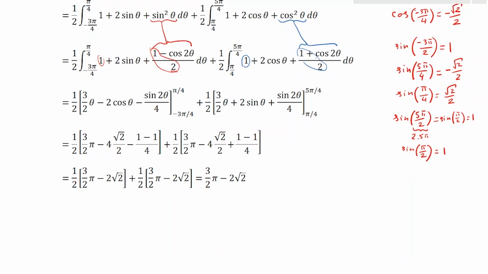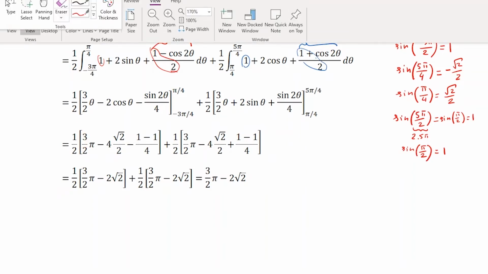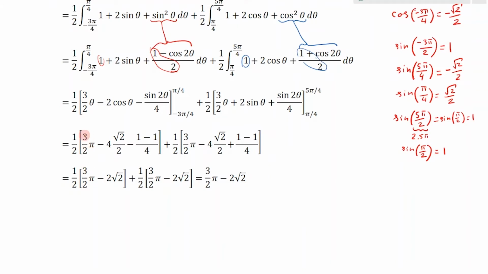Okay, now this becomes 2 root 2. This guy cancels, because 1 minus 1 is 0. Here, same thing, minus, this is 2, and this cancels.